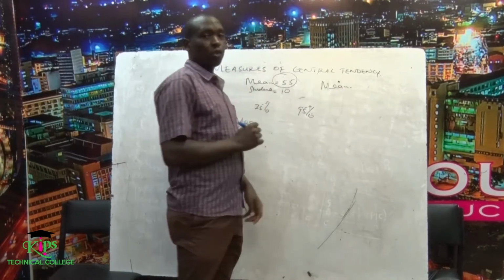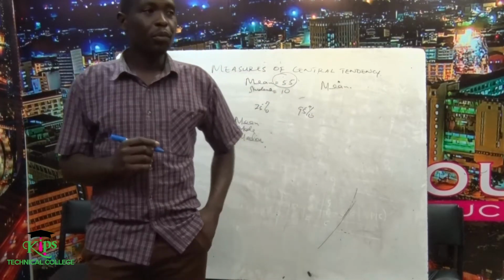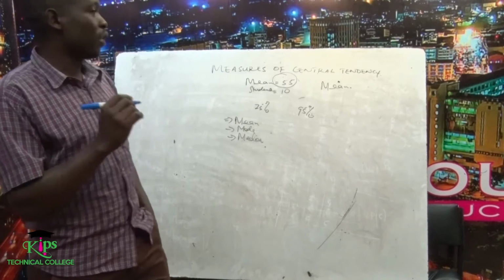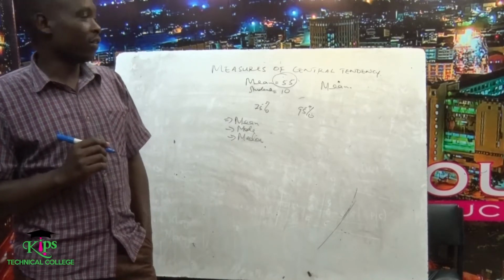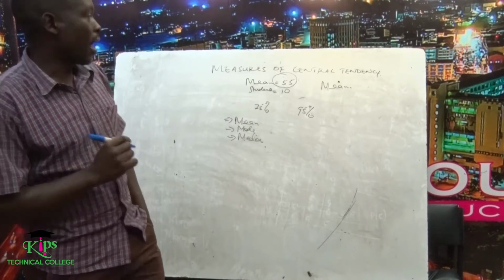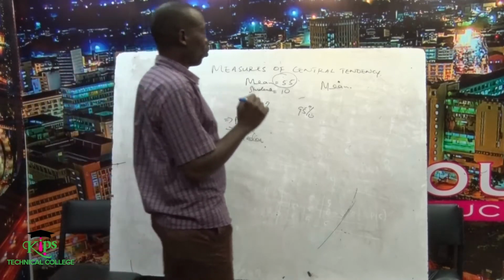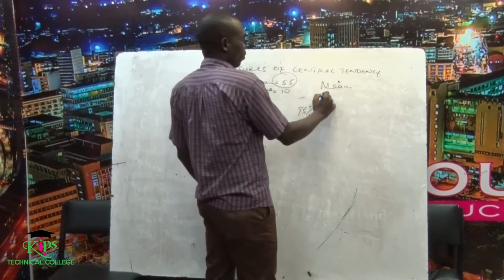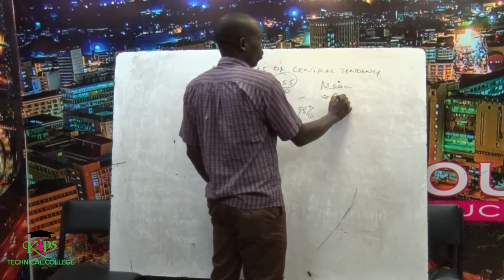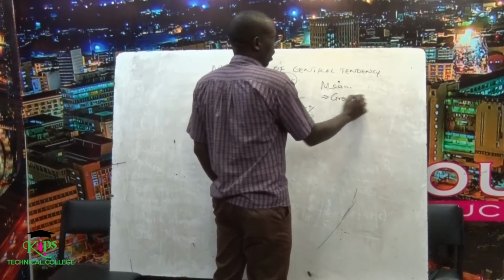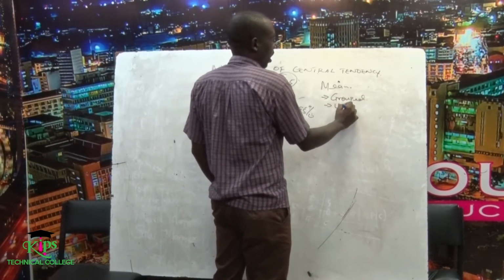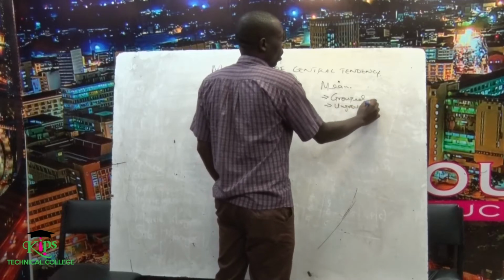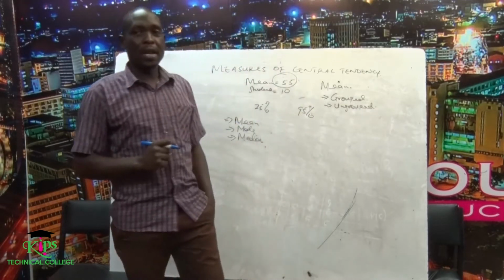The mean is also known as the average. It is the average of the scores in a particular set of data. When it comes to data, we normally have grouped and ungrouped data.